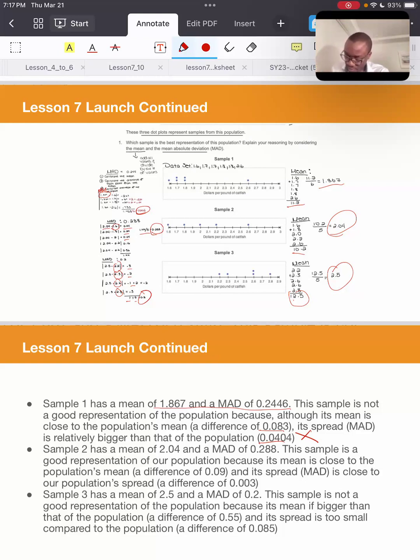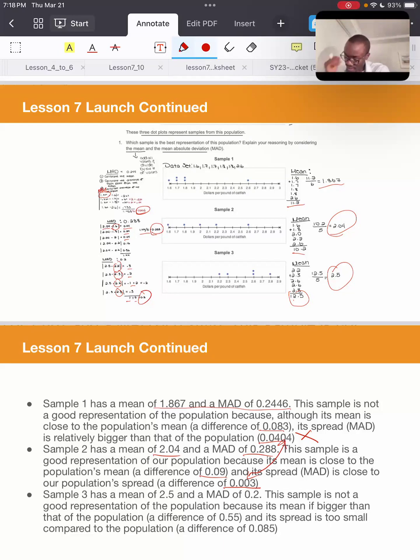If you look at sample 2, it has a mean of 2.04 and an MAD of 0.288. These numbers are very close to what we got for the population. The difference between the two means is only 0.09, and the difference between the mean absolute deviations is actually the smallest. Compare these two: sample 2 has a smaller mean absolute deviation.